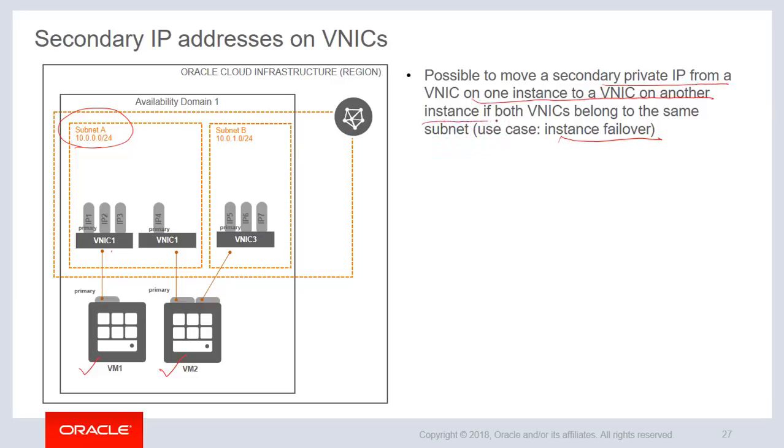So if there's an IP here, you could literally move this IP to this particular instance, and this is useful for cases where, let's say, this is your NAT instance and this goes down, it becomes a single point of failure. So if you don't want that, you can create another NAT instance here. In case of a failover, you could just move the secondary IP here to the other VNIC because they are in the same subnet and your NAT is still up and running. So for cases like those, you could use secondary IP addresses. And there are several other cases where you are running containers, etc. You make use of secondary IP addresses as well.